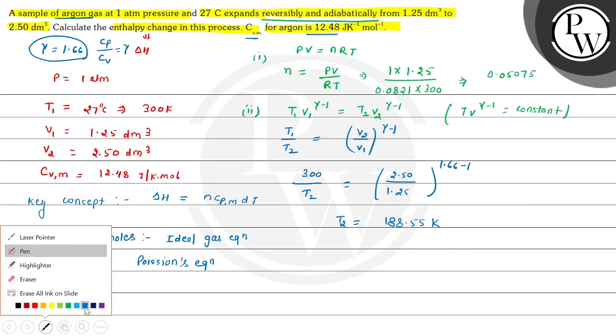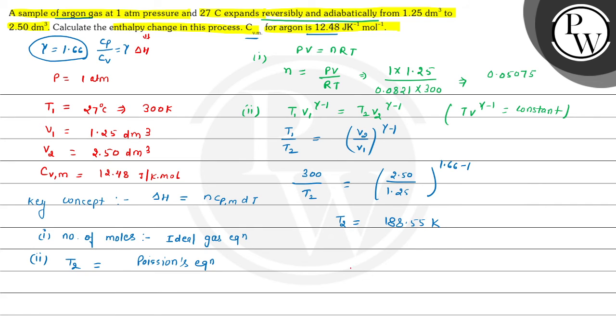So we can write CPM is equals to CVM plus R. Here the values are 12.48 plus 8.314. This is the value of the universal gas constant.